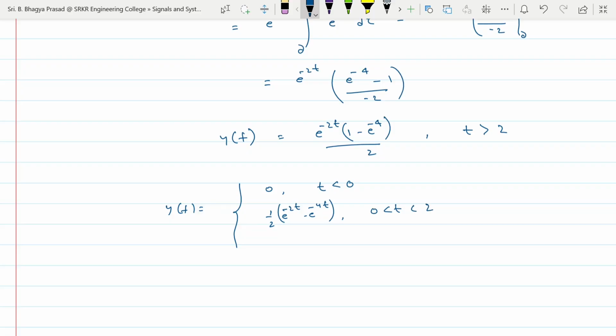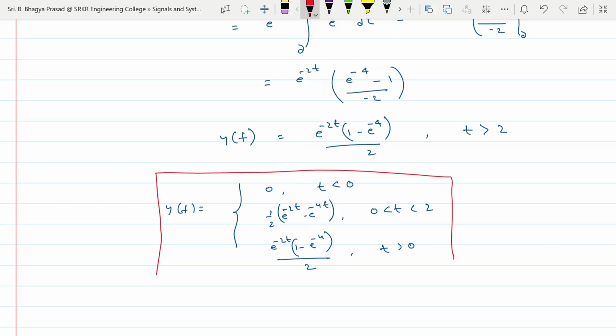In the third case, it is e power minus 2t times 1 minus e power minus 4 by 2, for t greater than 2. So these are the three different cases of output for this problem.